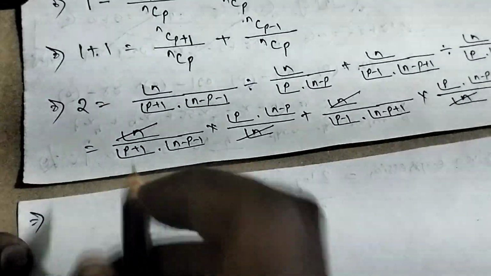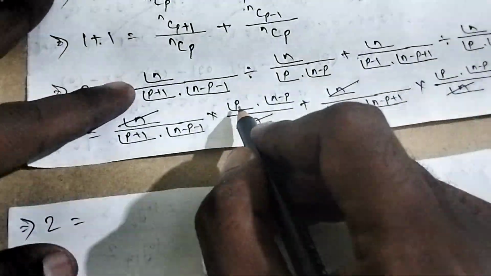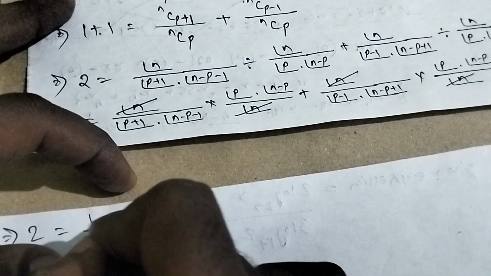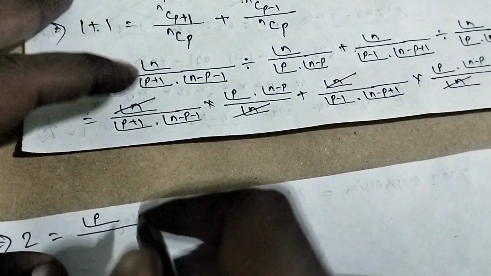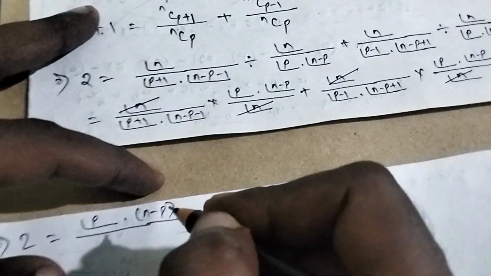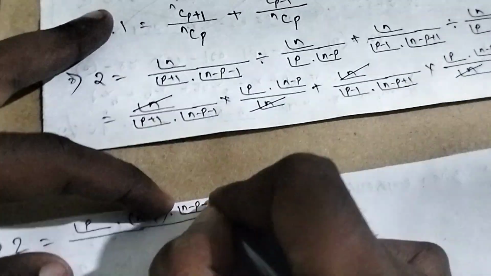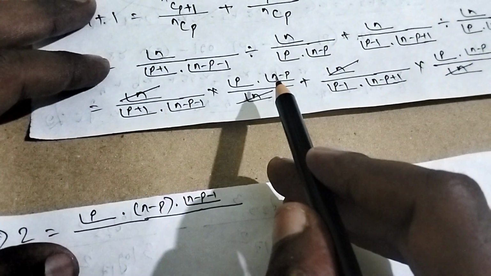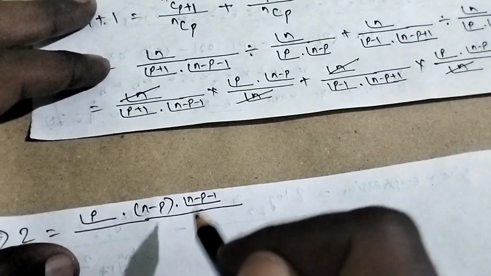So this implies that 2 is equal to, this is p factorial, I am writing it as p factorial only. (n-p) factorial can be written as (n-p) into (n-p-1) factorial.